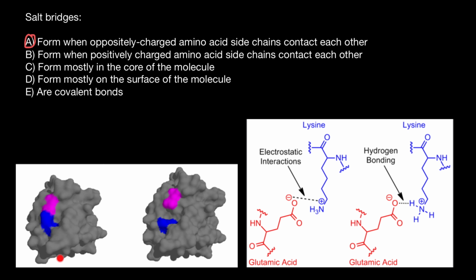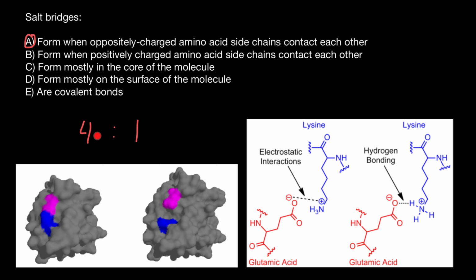Take a look. Here is the globular protein, and as you know, inside of the globular protein is mostly hydrophobic and outside is hydrophilic. This also means that most charged R groups of amino acids we can find outside of the protein, on the exterior of the protein. It doesn't mean that we cannot find them inside, but the statistics are as follows. Charged R groups would be 4:1 exterior to interior.